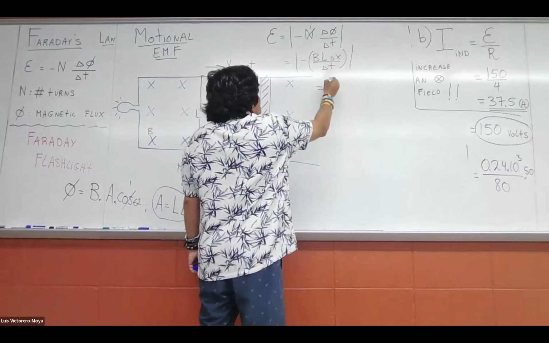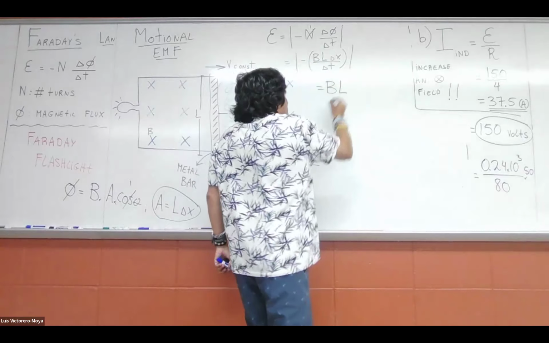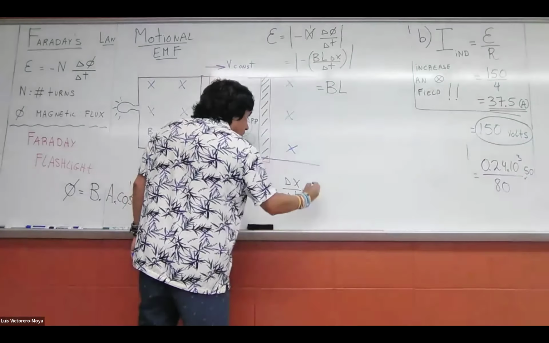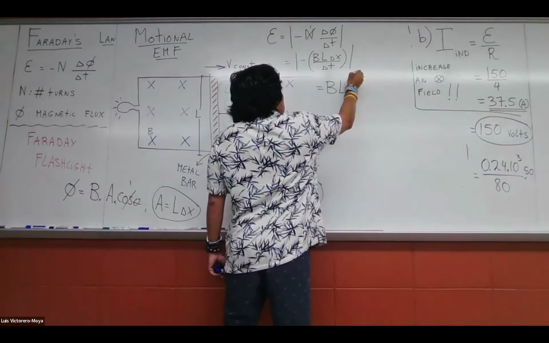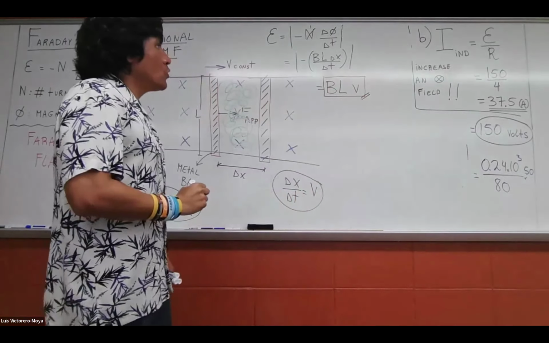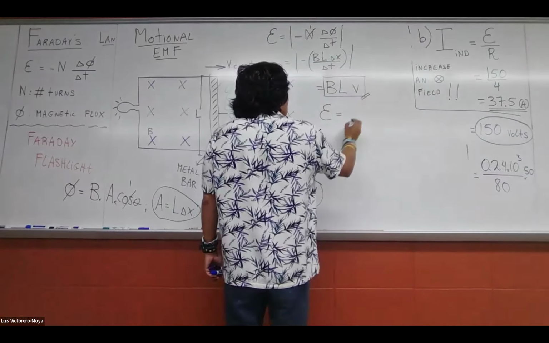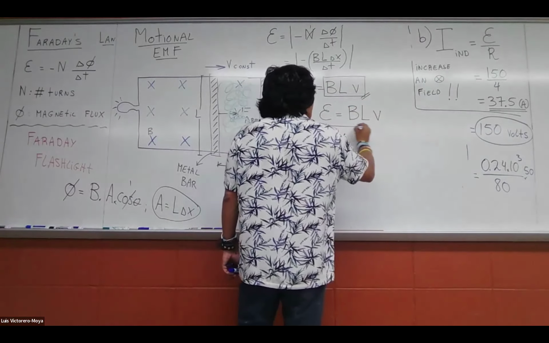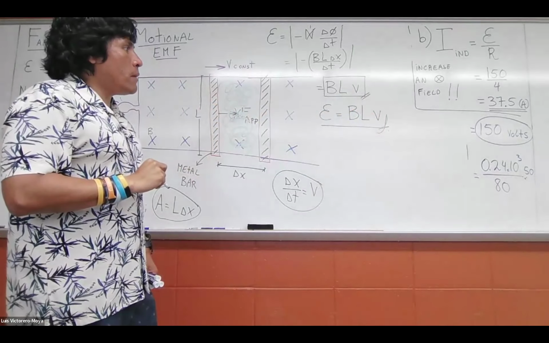B is constant, so it comes out. L is constant. And then you have delta x over delta t. That's speed. So that's your induced EMF. The EMF induced by the motion, the motional EMF, is magnetic field times length of the bar times the speed. That is the equation for the EMF.